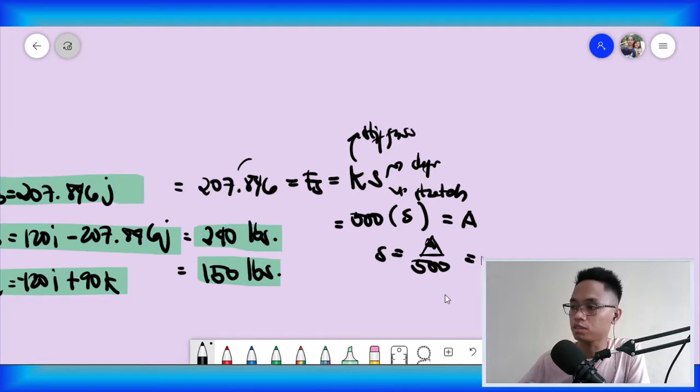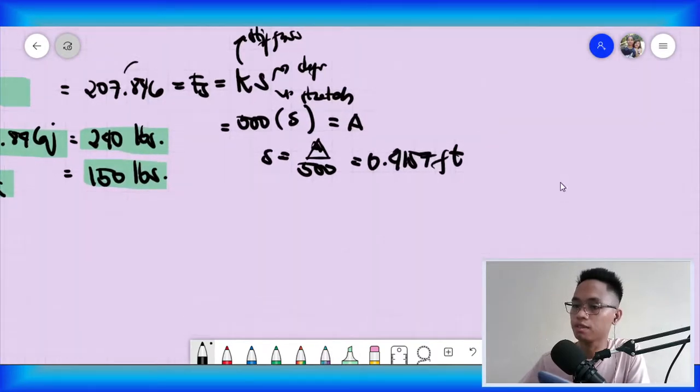Therefore, our answer is 0.4157 feet. Or let me just convert that to inches. We have 12 inches in a foot, so times 12, this is equal to 4.988 inches.